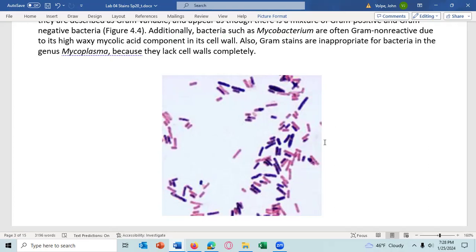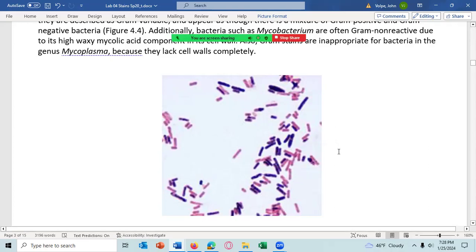Anyways, the mycobacteria, when they're stained, sometimes won't stain well, or they will be variable like this. This is one species, and it was stained by the gram stain. And as you can see, we have two different colored cells, which look the same.